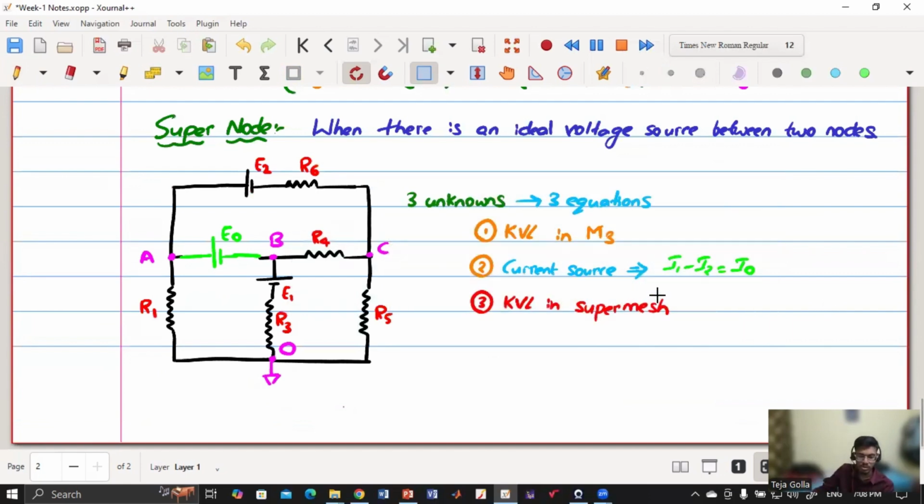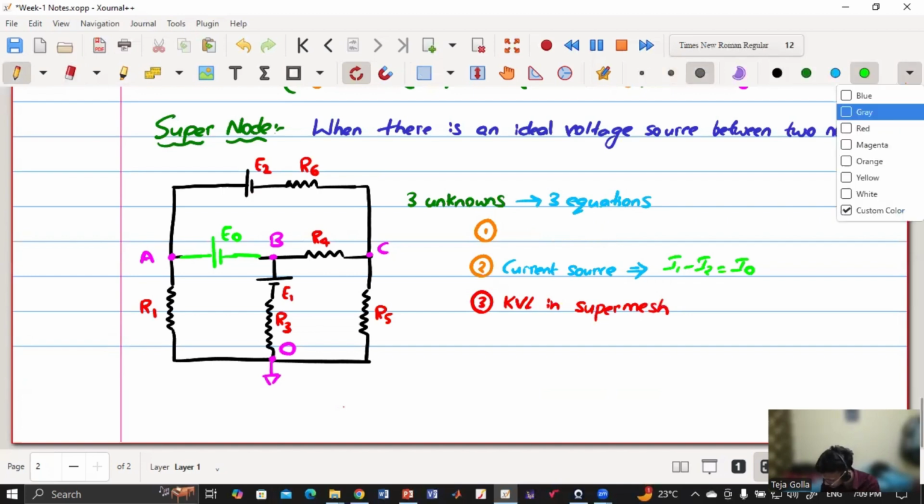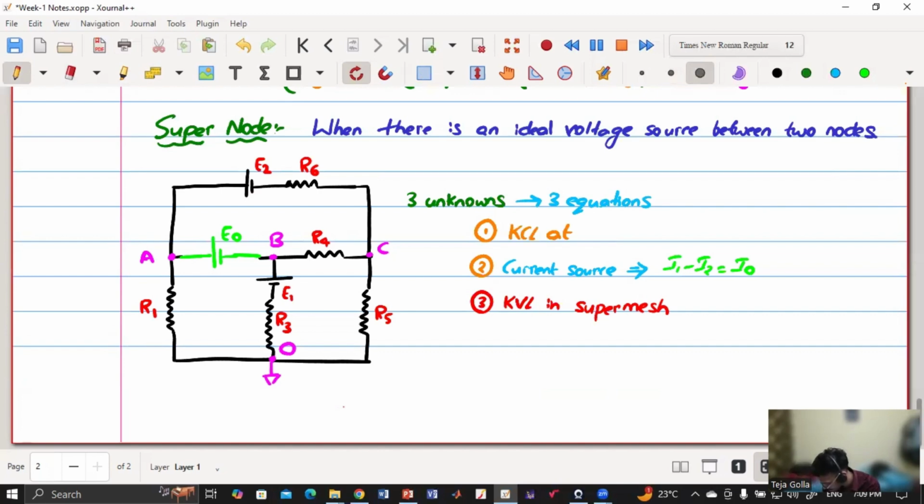So similar to the mesh, we have now nodes over here. So how are we going to do? So instead of KVL, we have KCL. So now I can apply KCL at node 3, node C. Then from the current source, we got an equation. Here from the voltage source, we'll get the equation.